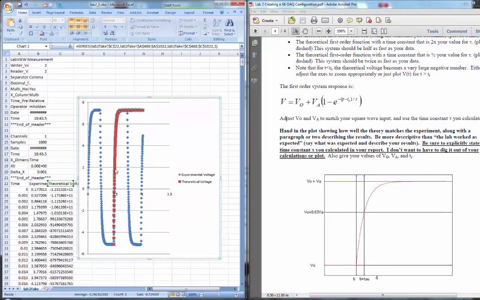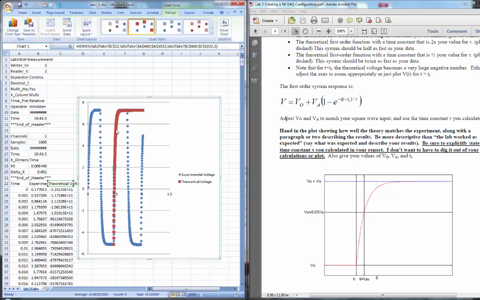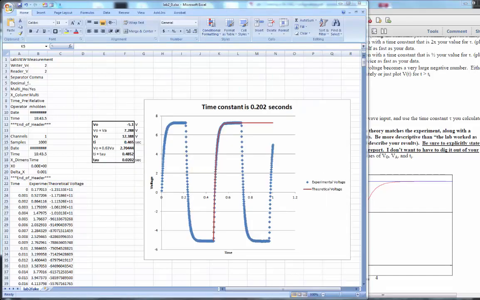If I change that one to be a line, and now you can see, I've finished my plot. I've got experimental as the dotted data, theory as the solid line. They line up really nicely, and you can see all of my constants over here.